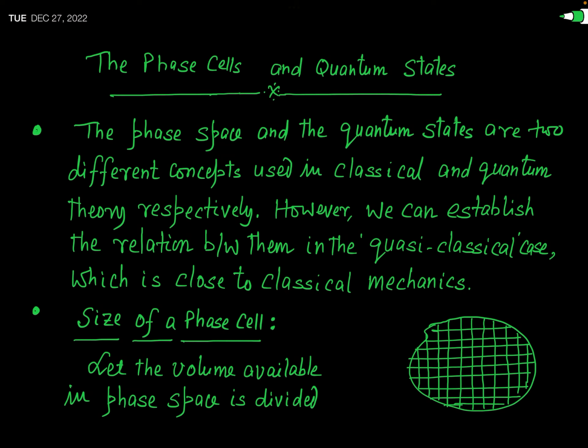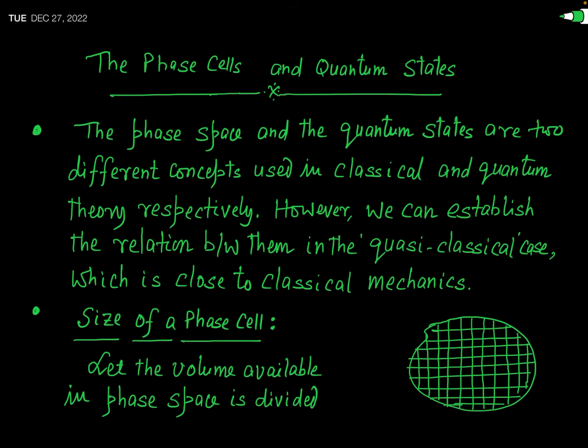Actually, when we distribute the particles among the different elementary cells of equal volume in phase space, that is called the micro state of the system.